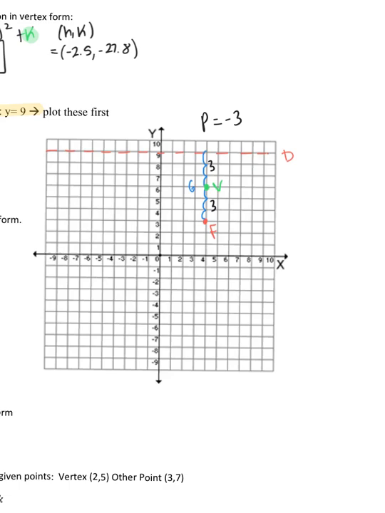To figure out how I actually get the other points on the graph, you're going to do 2 times p, and you get -6. I really don't want you to pay attention to the negative sign. It really only matters in the context of writing your equation and when you're looking at the p-value. But when you are just graphing, it doesn't mean that you only go 6 units left. You're going to still go 6 units in both directions.